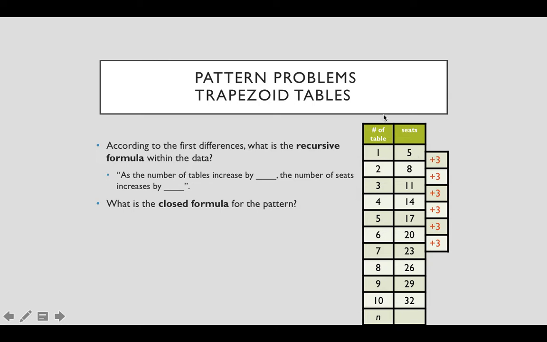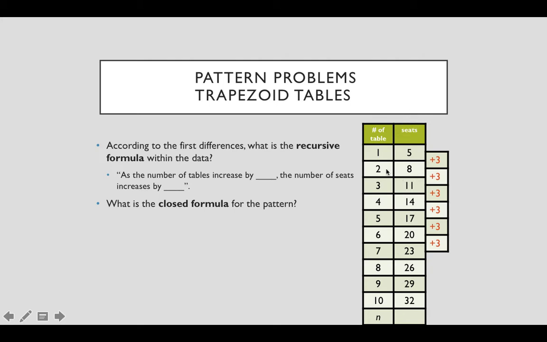So if I back up and think about 0 tables, and I subtract 3 as I move up, 14 minus 3 is 11, 11 minus 3 is 8, 8 minus 3 is 5, and then 5 minus 3 would tell me that if there were no tables, there would still be 2 seats. And if I know I'm going to multiply the number of tables by something, and then add or subtract something, when there are 0 tables, that tells me at the end I'm just going to add 2.